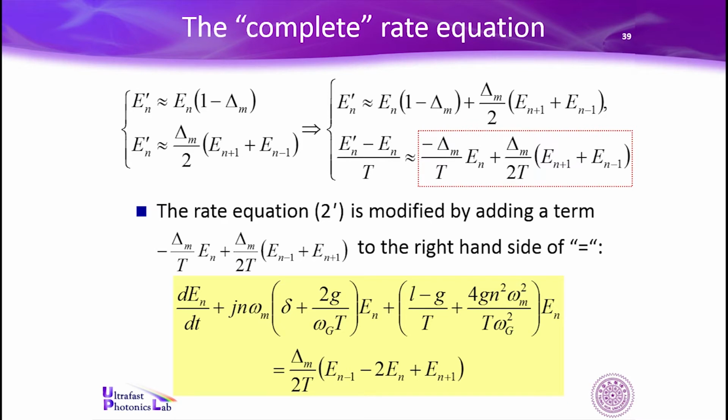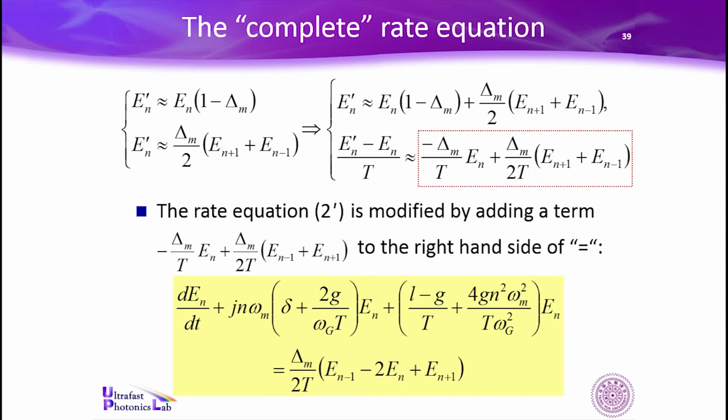The rate equation 2 prime is now modified by adding a term, which is here, to the right-hand side of the equality. Just like what we did when we included the contribution from the gain medium, right? You got one term, add it to the right-hand side, you got a new equation.